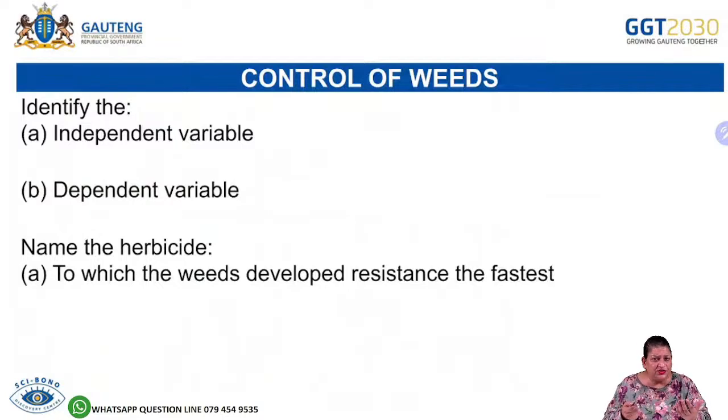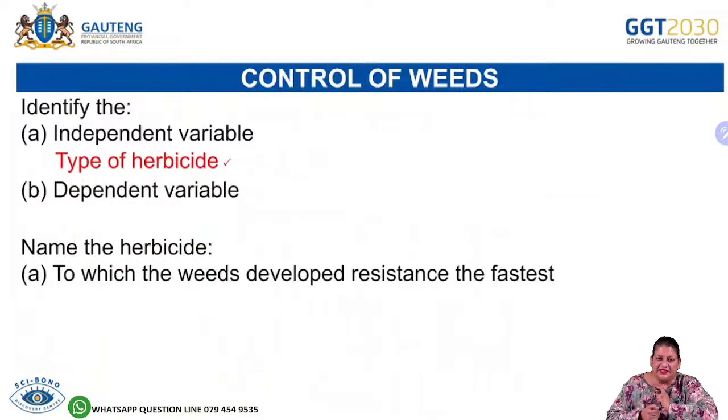How long it will take to develop resistance, he does not know. But he knows he can control the number of herbicides he is using. So the independent variable is what he can control. It was the type of herbicide, okay? In this case, 5 of them, not 10. He only selected 5. So that's the independent variable.